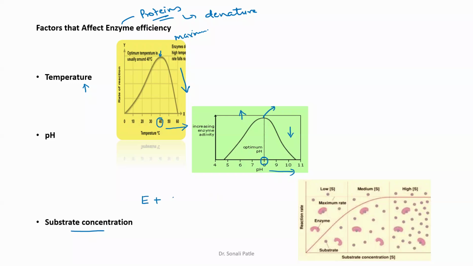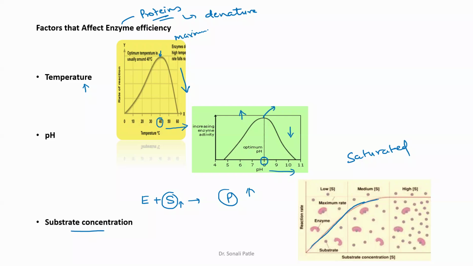The more the substrate, the higher the rate and the more product formation, unless it becomes completely saturated, right? So earlier, the rate of reaction will increase.